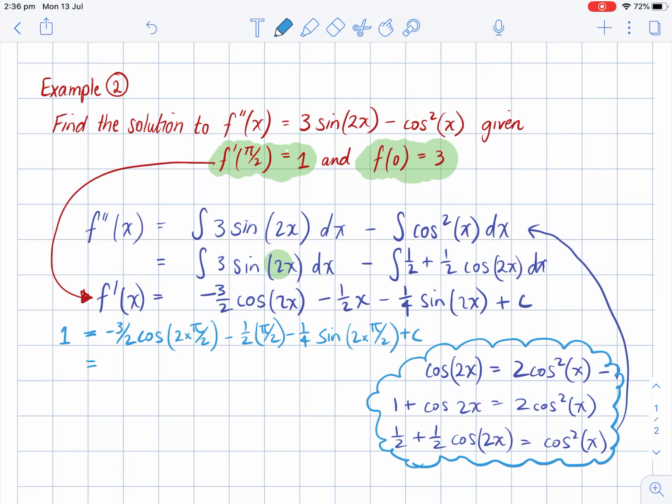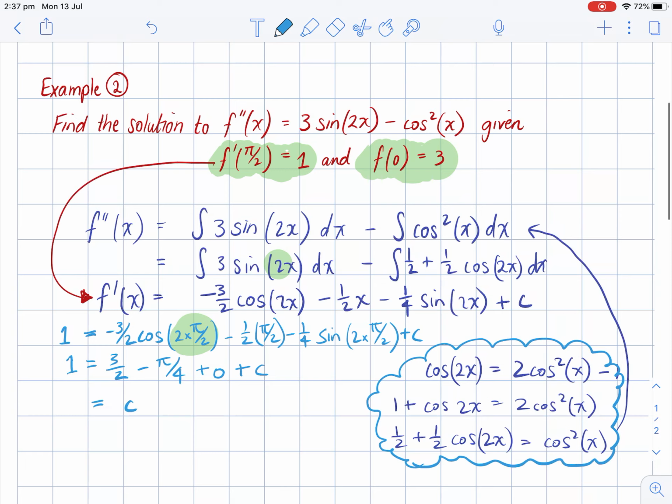Then I end up with this part in the middle here. So that's just cos of pi. Cos of pi is equal to negative 1. So negative 1 times negative 3 on 2 is positive 3 on 2. And then I'm going to have minus pi on 4. And then sine of pi equals 0, so that whole part equals 0. And then I've got a plus c and a 1.